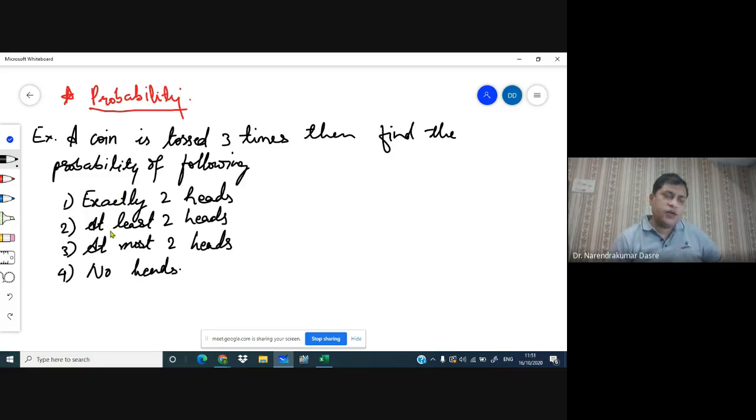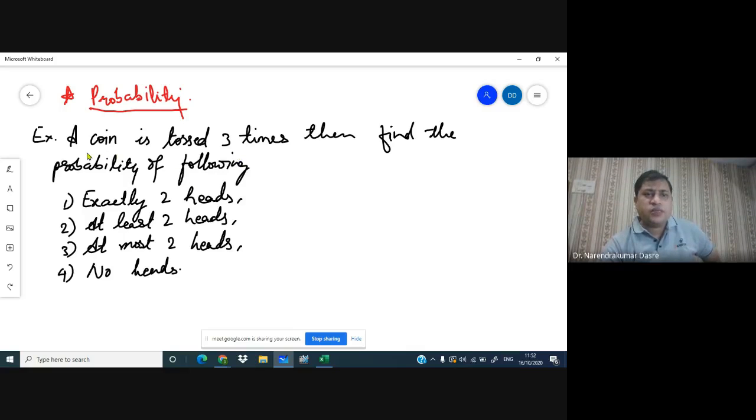Here, a very important thing we need to understand is how we go with exactly, how we go with at least, and how we go with at most. In one example only, I am considering all these terms: what is meant by exactly, at least, and at most, and we also have no heads. This is the question given to us.